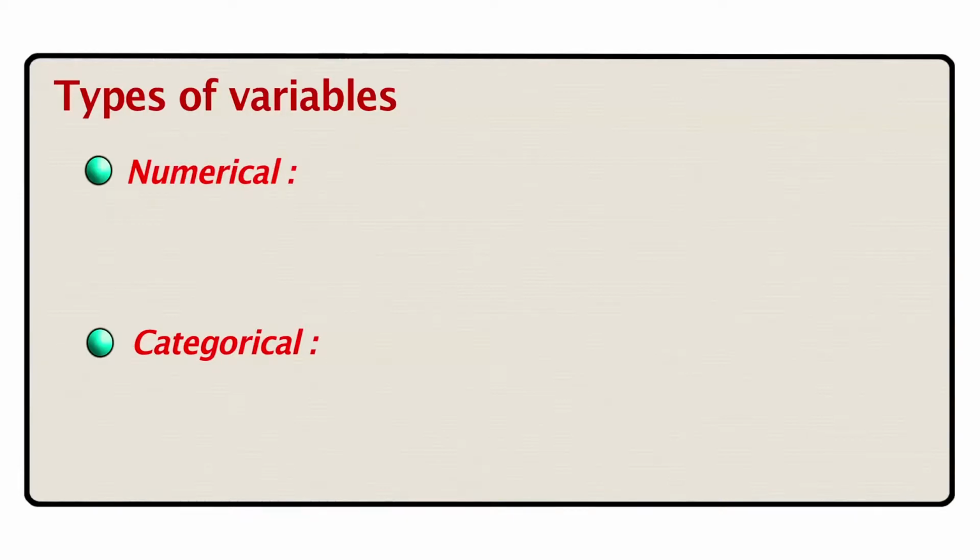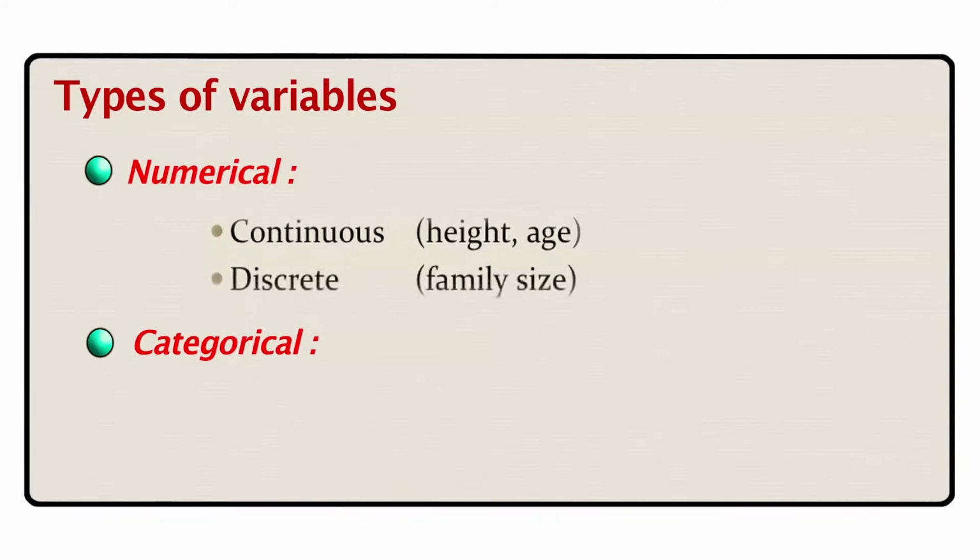Again, numerical variables can be classified into continuous, like height, age, etc., which take continuous values within a given interval. As opposed to this, we have the discrete variables like family sizes, which take just integer values. But both the continuous and the discrete are in the form of numerical values. So it's easy to work with this while defining distances.